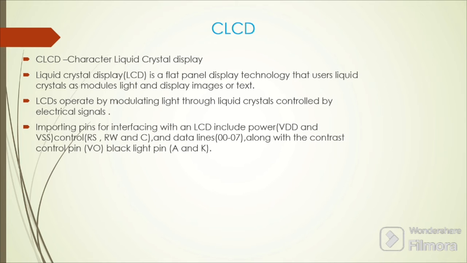For control purposes, we are using RS, RW and enable, and the data lines are D0 to D7 along with the V0 output pin, and cathode and anode. Here we can see this LCD. Here the pins in the CLCD are arranged in this order. This is all about the CLCD.